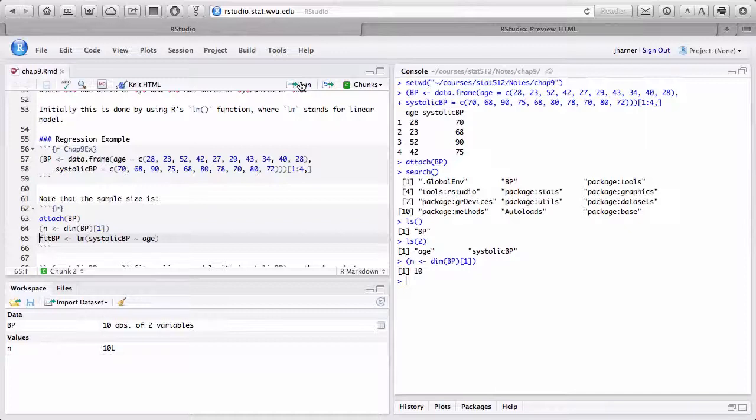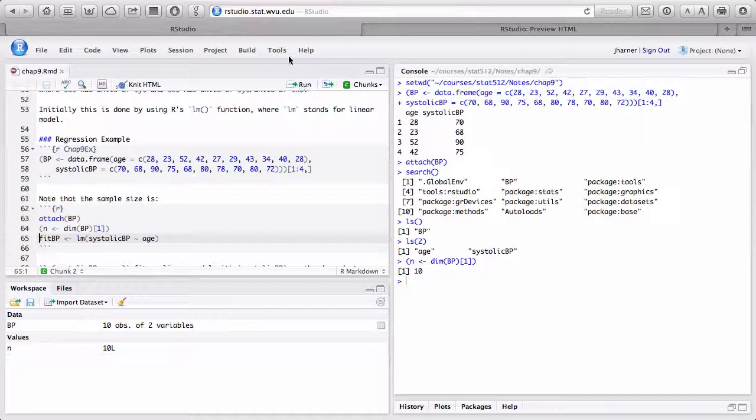The dimension of BP is a vector of length 2, and the square brackets with 1 say I want the first one, the number of rows, which is the number n of observations, in this case 10.